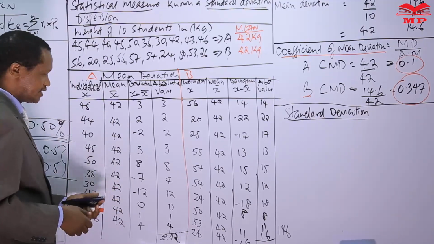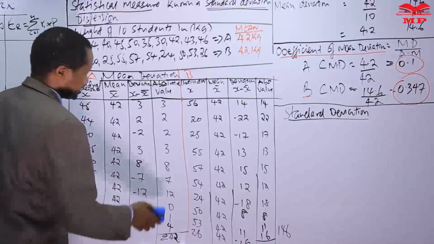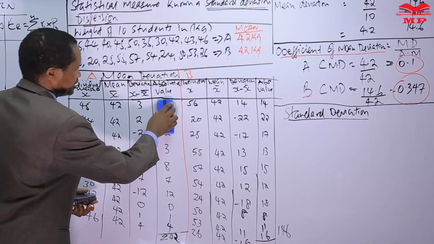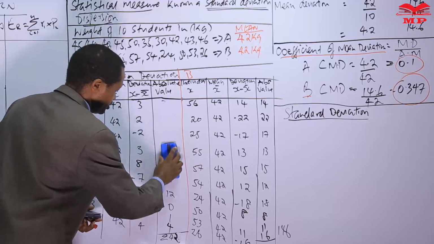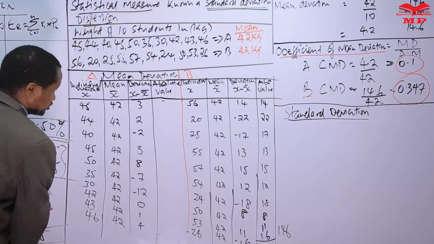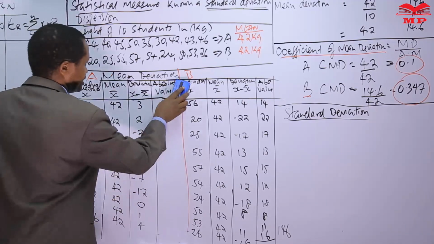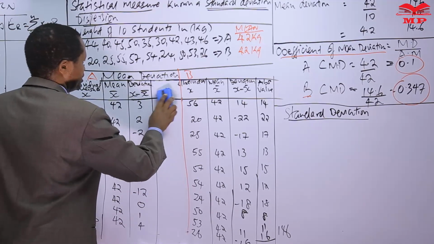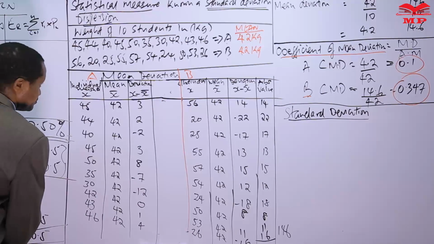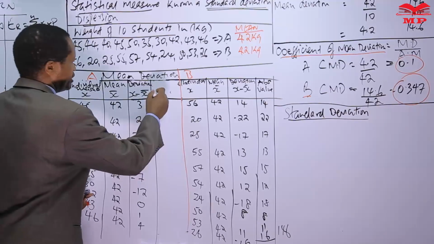Like in class A, we need to square these deviations. So you simply square the deviations.